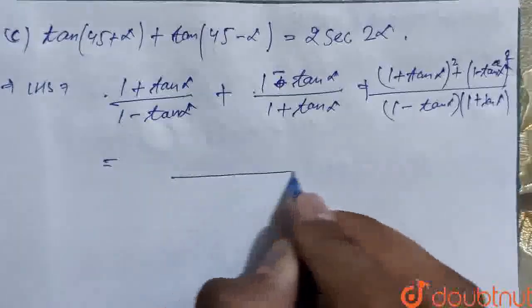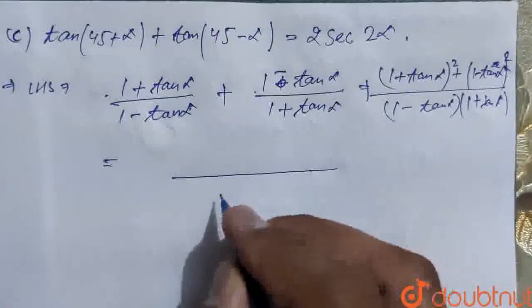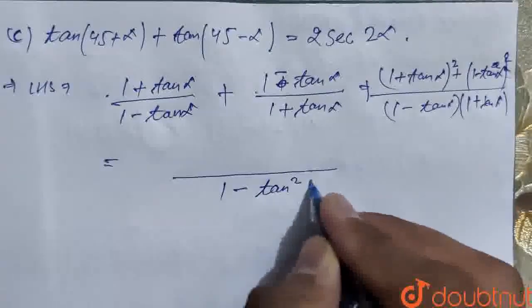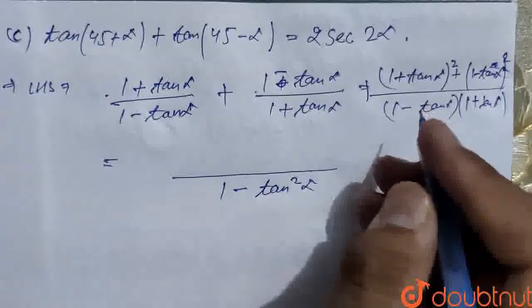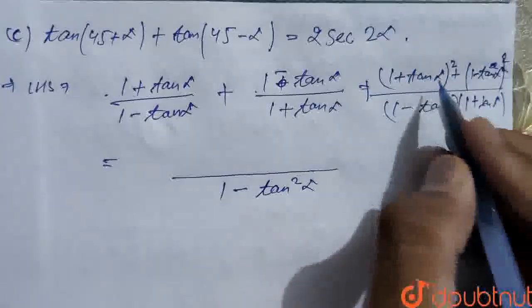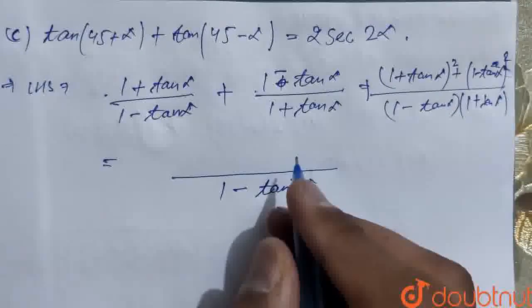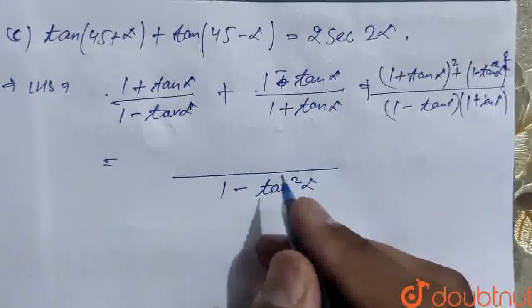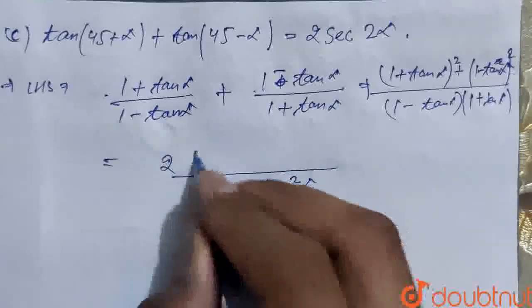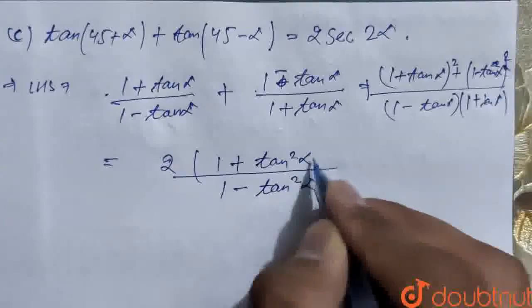Now in the denominator we will use the formula a minus b multiplied by a plus b equals to a square minus b square, and in the numerator when we solve it by using the whole square, a plus b whole square and a minus b whole square, we will get 2 into 1 plus tan square alpha.